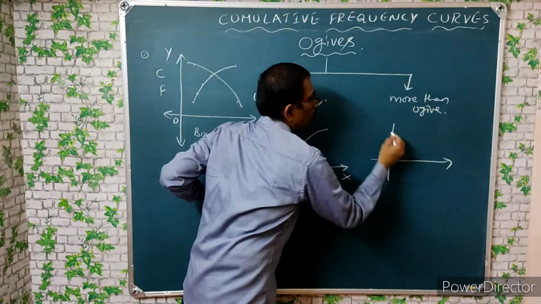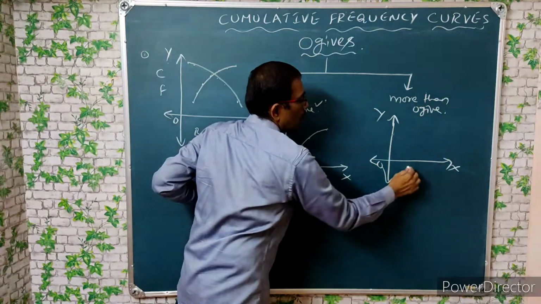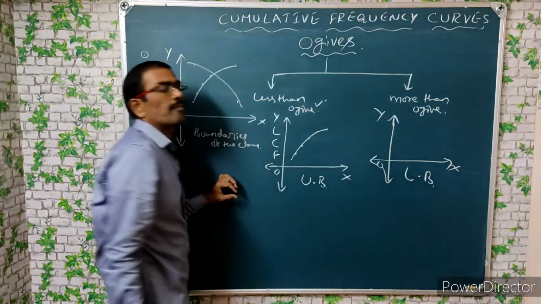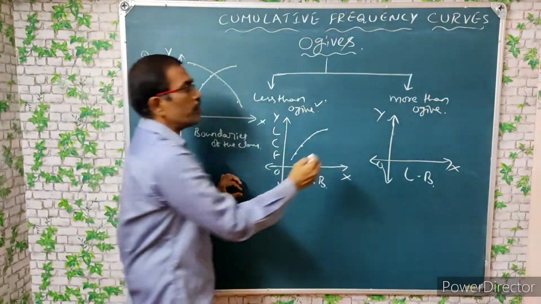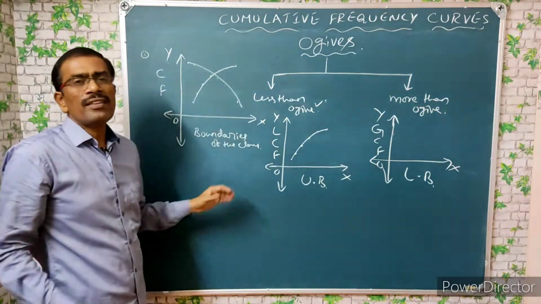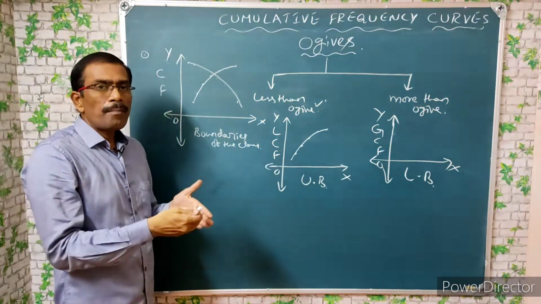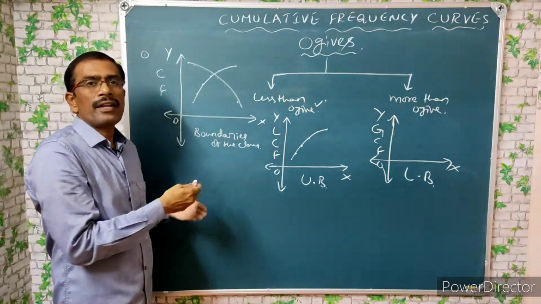And the second one is the more than ogive. For this you have to take the lower boundaries on the x-axis and the corresponding GCF, greater than cumulative frequency, on the y-axis. Greater than cumulative frequency is the sum of the frequencies from the end to the lower boundary of a particular class.